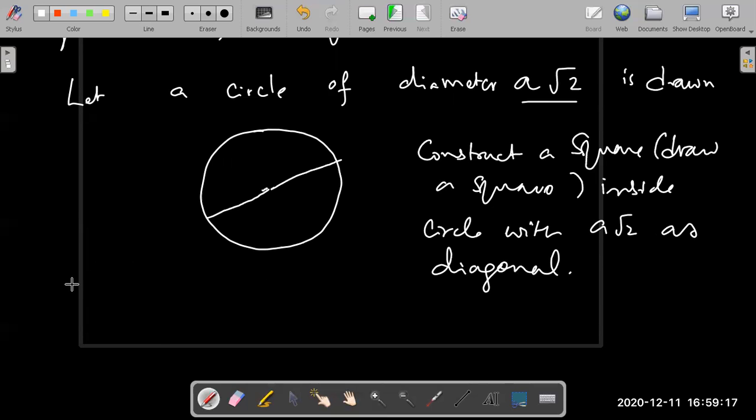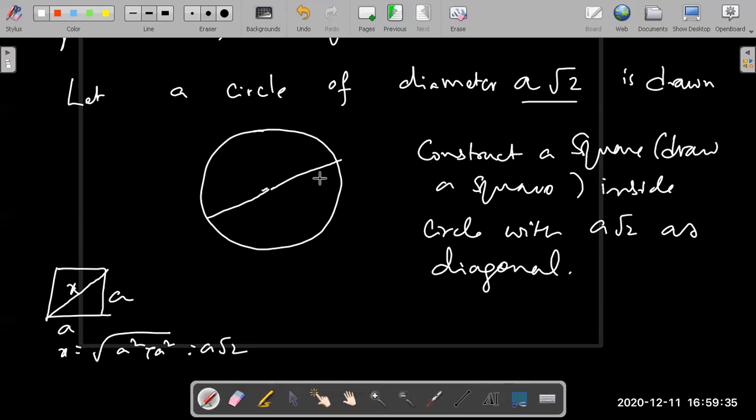Now I'll tell you why we consider this. If I take any square with side a, then this also will be a. Then by Pythagoras, the diagonal will be square root of a squared plus a squared, so you will get a root 2.